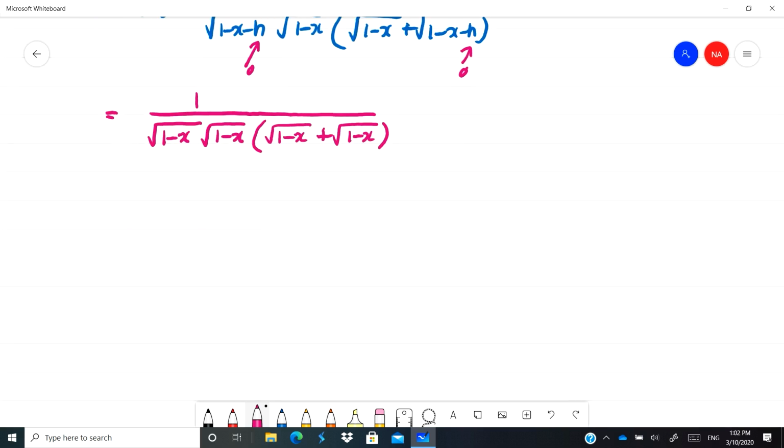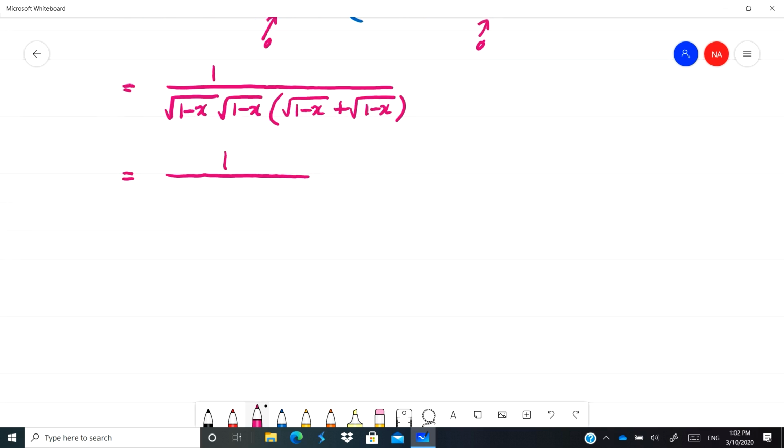This is quite challenging where you have to know the basic of index. When you have square root x multiplied by square root x, let's say I'm putting it as square root of 1 minus x squared. And then I'm adding these two terms here. You can add together, you will become 2 square root of 1 minus x.